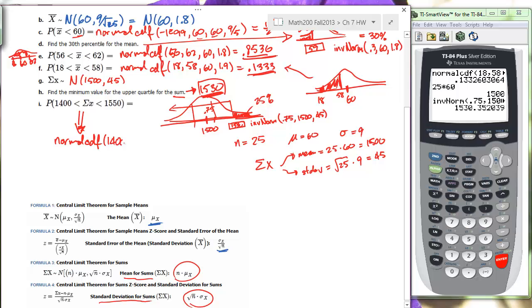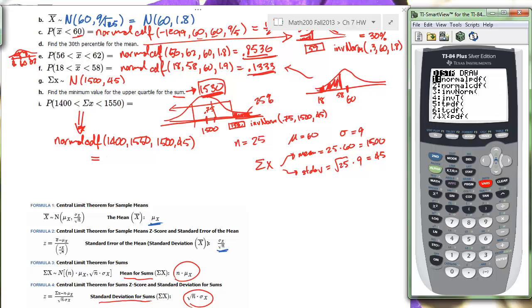They have the low and the high, and then we just provide the mean and the standard deviation. And so whatever this turns out to be will be our final answer. So it's a normal CDF. We got 1400, 1550, 1500 for the mean, and 45 for the standard deviation.